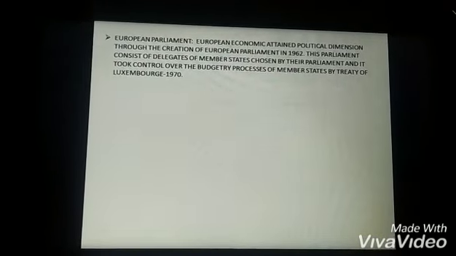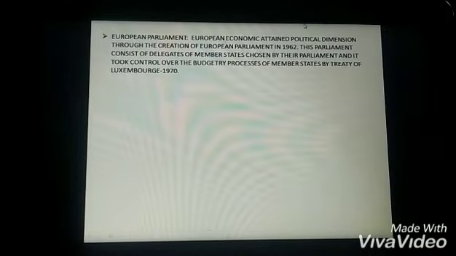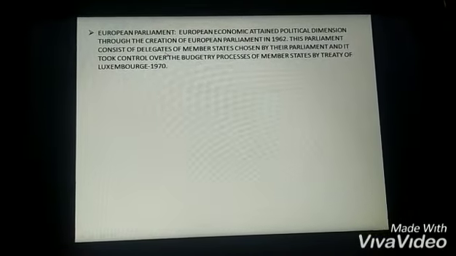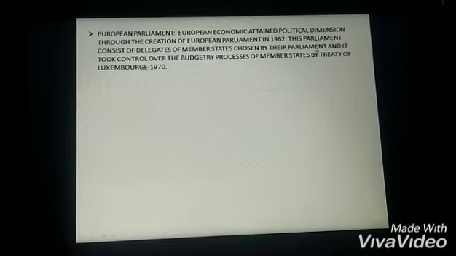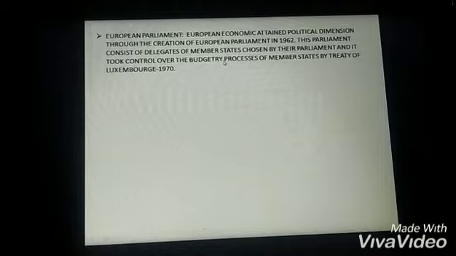Please keep this clear in your mind. The parliament consists of the delegates of the member countries or member states, and these delegates are chosen by their own parliament.